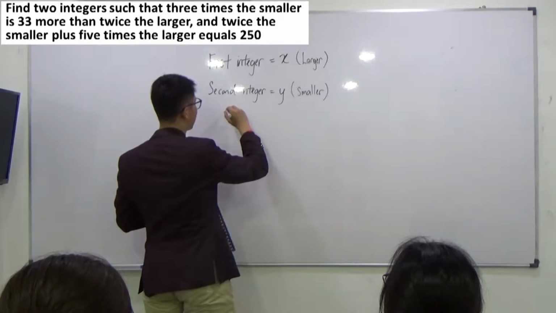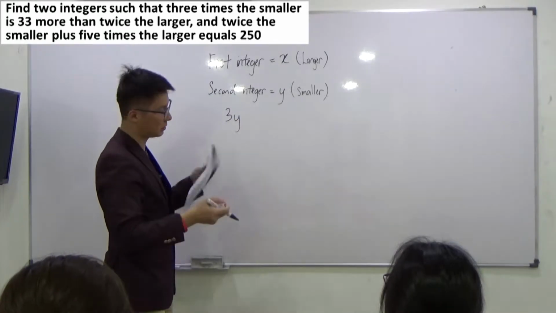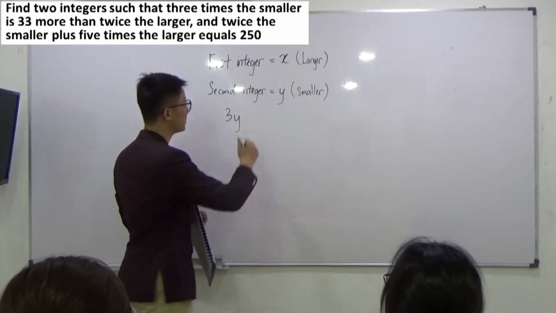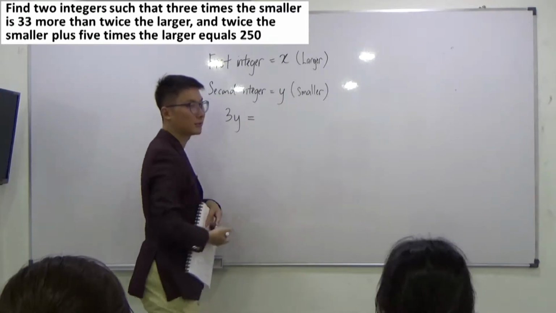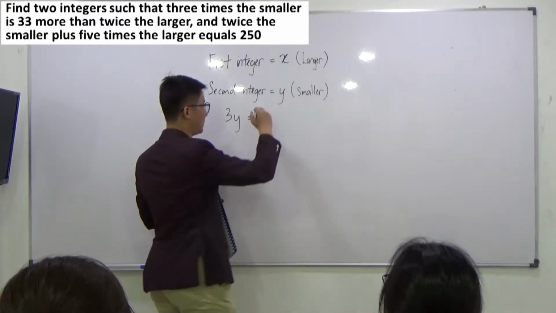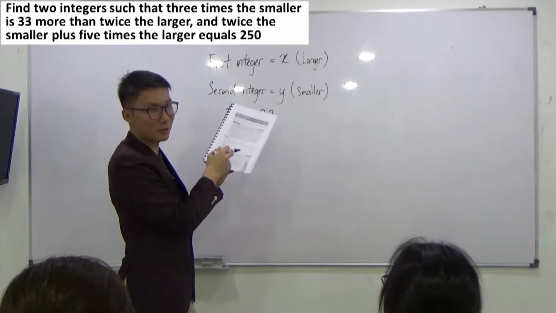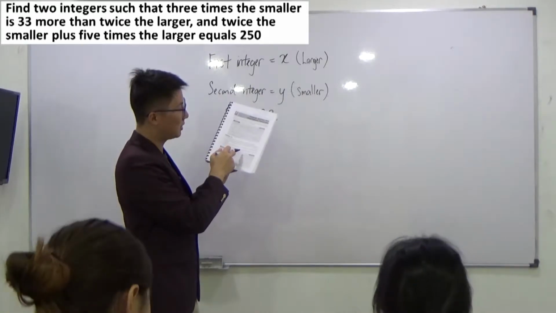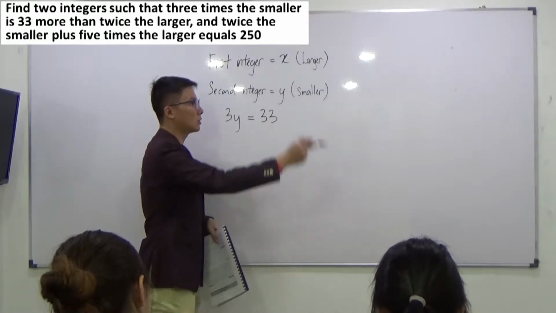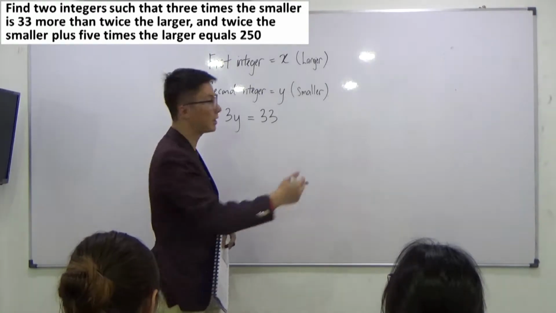So we have this expression, 3y, which is 3 times the smaller, and then it says equal, followed by 33. Just follow the sentence. 3 times the smaller is equal to 33 more than. More than, if we convert to a mathematical expression, means plus. So we just write plus.